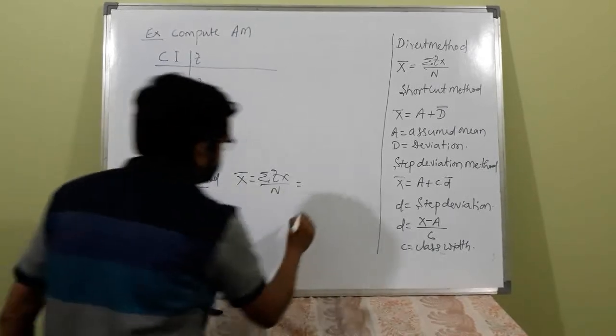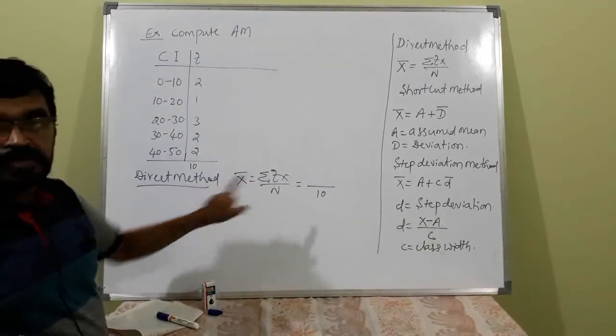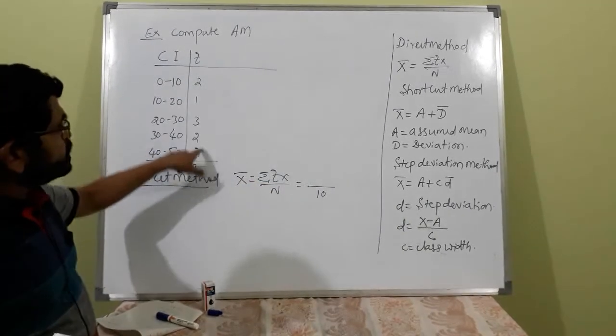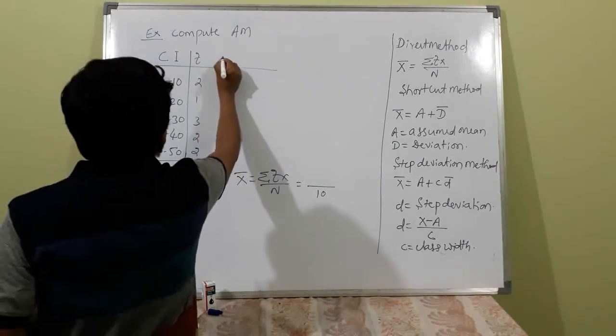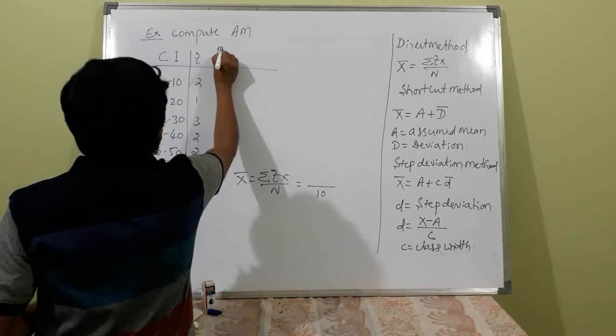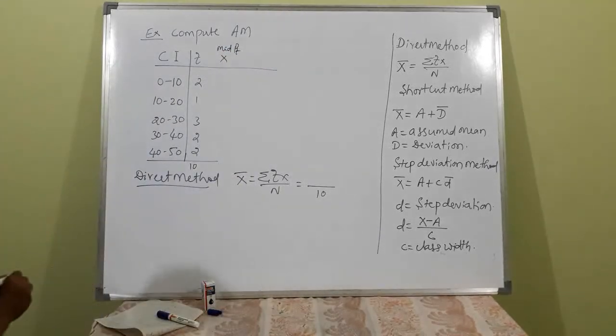So n is 10. Summation of f into x. F is already here, x is required. What is x? X means midpoint, mid value or midpoint.